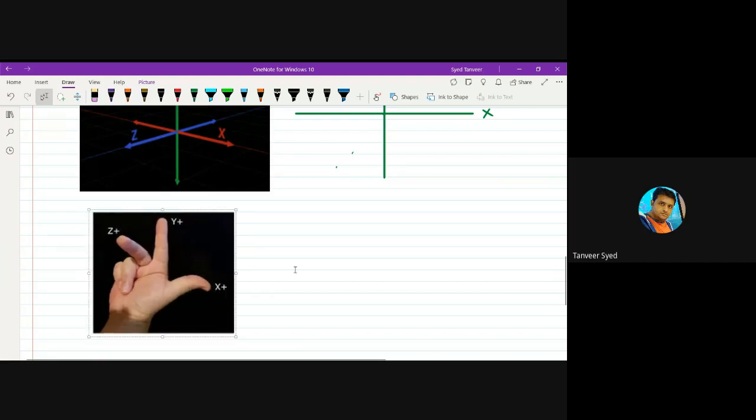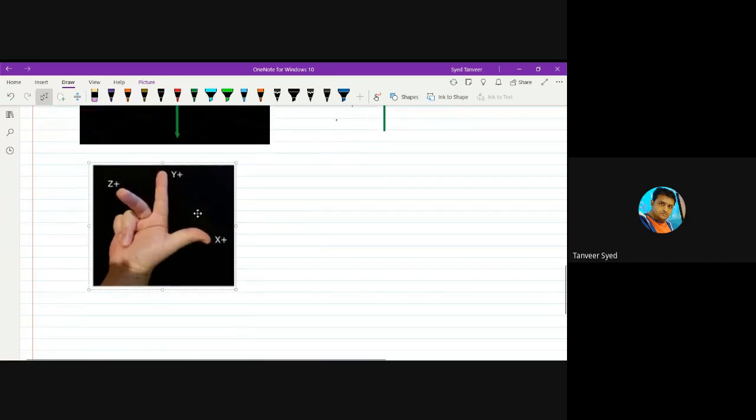Yes, sir, that's what I told them, but I think they are not able to visualize it. See here. Here he has taken the right hand, I think. Okay, you can take anything. You can take the right hand also. Let us go with this picture.